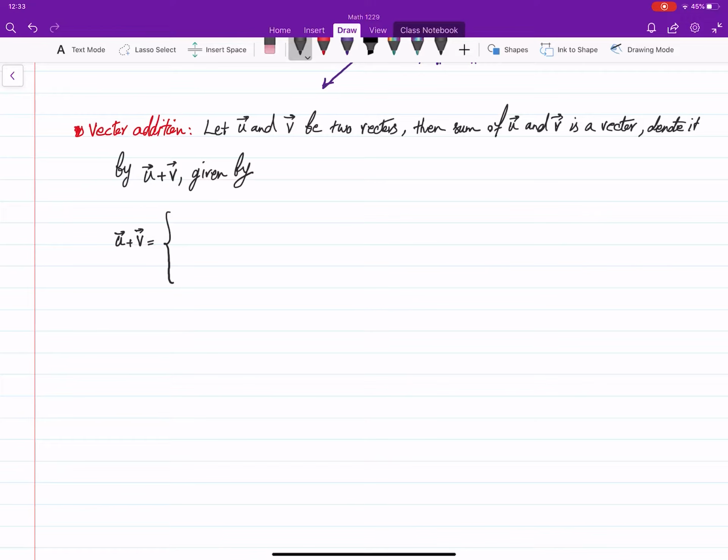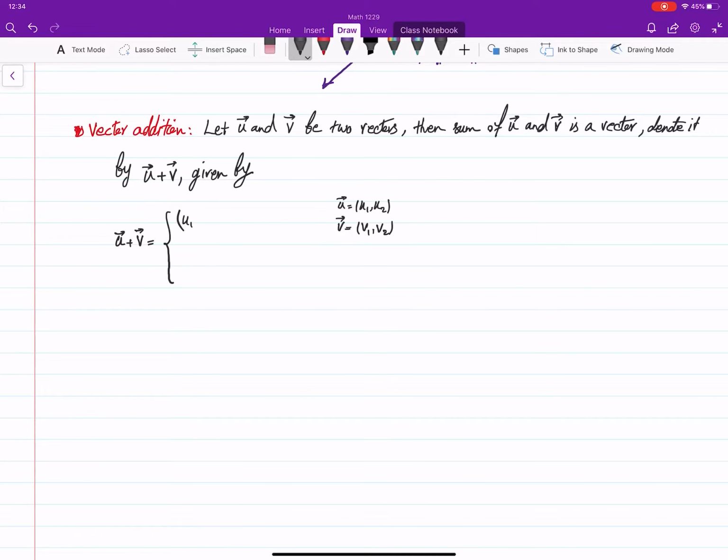Algebraically, I have to tell you what the components of u plus v are. If we are in two dimensions, it means that u has only two components, so it will be u1, u2, and v has two components, v1, v2. Then the sum is going to have again two components.